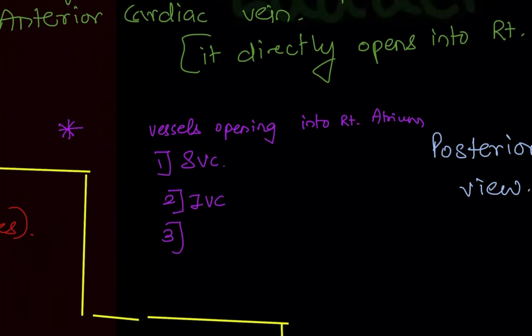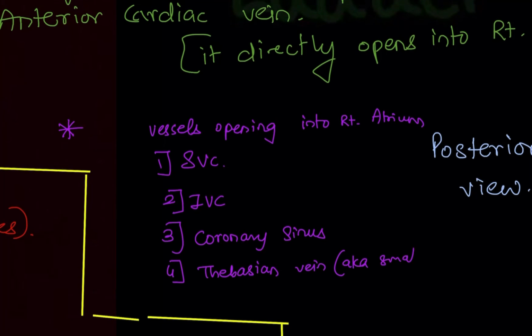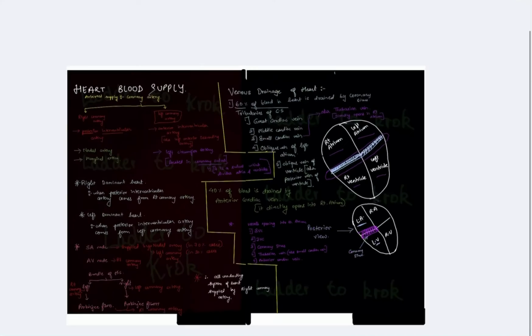Third, the coronary sinus. Fourth, you have the Thebesian vein, also known as the small cardiac vein. Fifth, the anterior cardiac vein. You should remember what all opens into the right atrium.